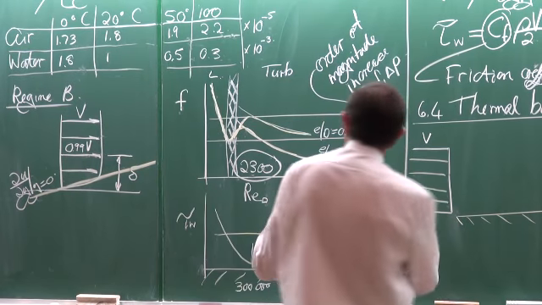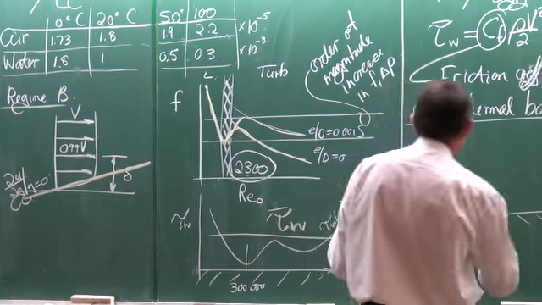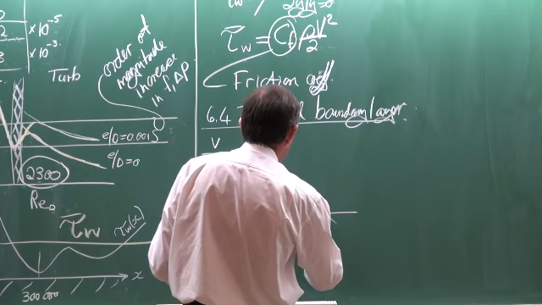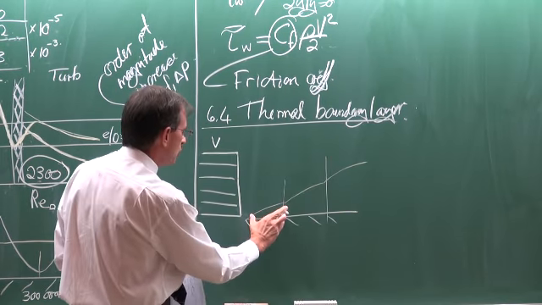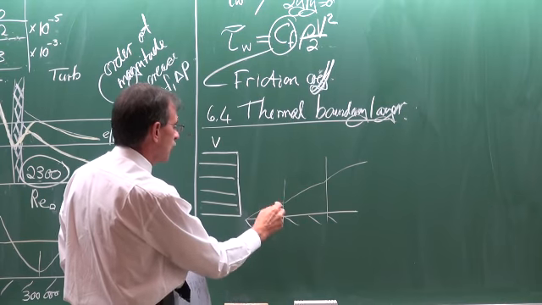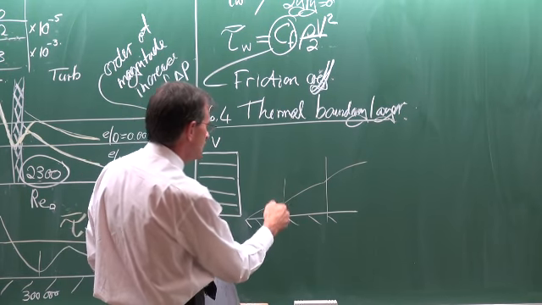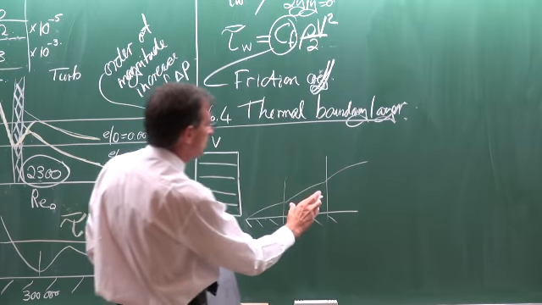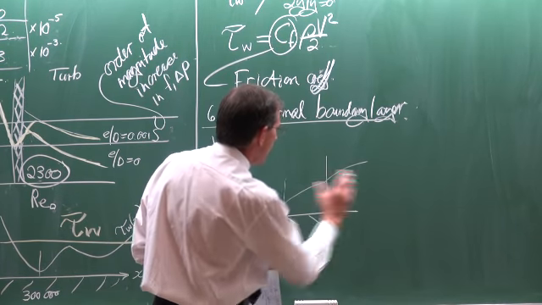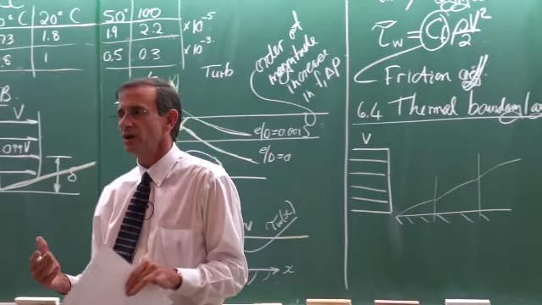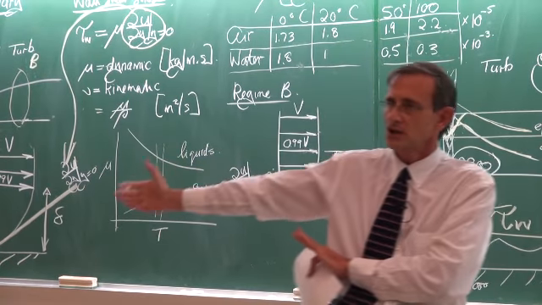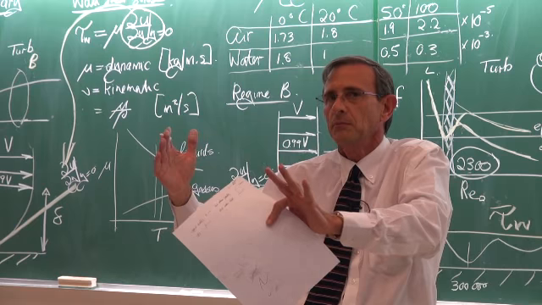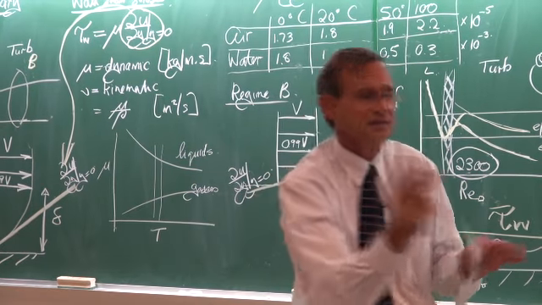Now in that boundary layer, we have the same type of behavior. We've got the thermal boundary layer, or how the temperatures change in the laminar flow regime, the transition and the turbulent. And guess what? It is very similar to what happens with the velocity, so the profiles look the same. There's just one difference.